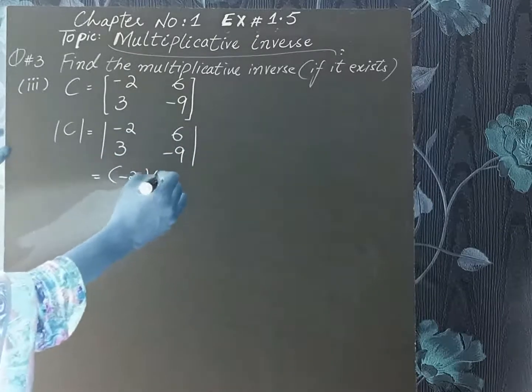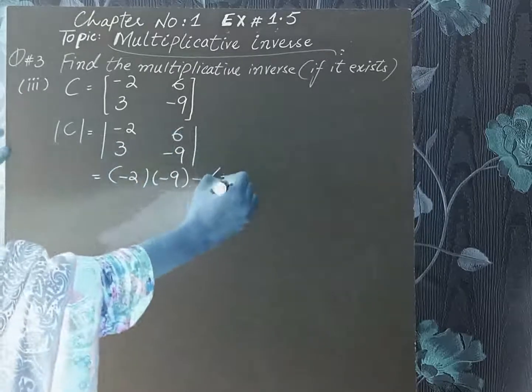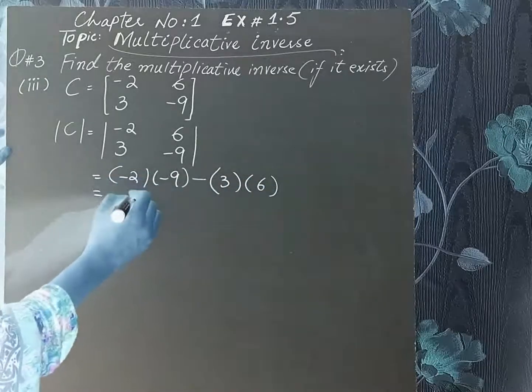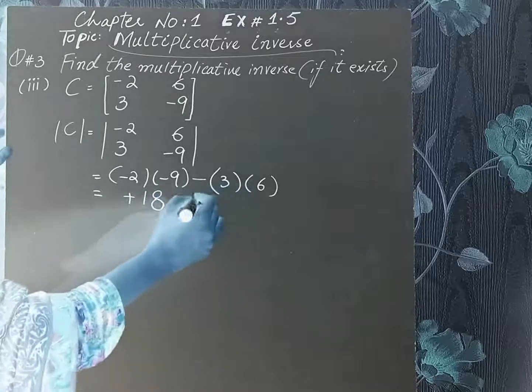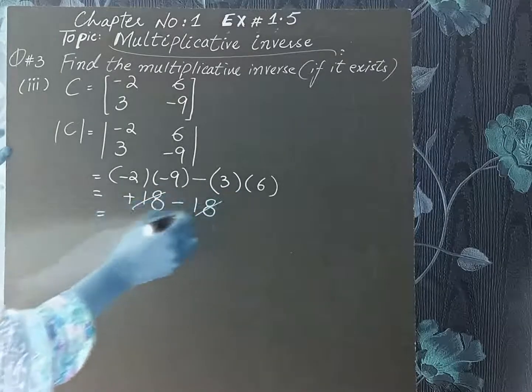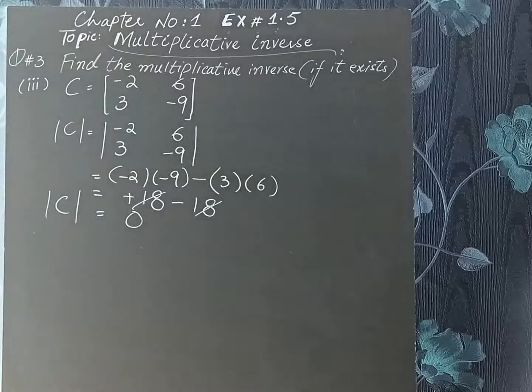Minus 2 multiplied by minus 9, minus 3 multiplied by 6. Minus minus plus, 2 nines 18, minus 3 sixes 18. Plus 18 minus 18 will be cancelled. So this is 0. So determinant of C is here 0.